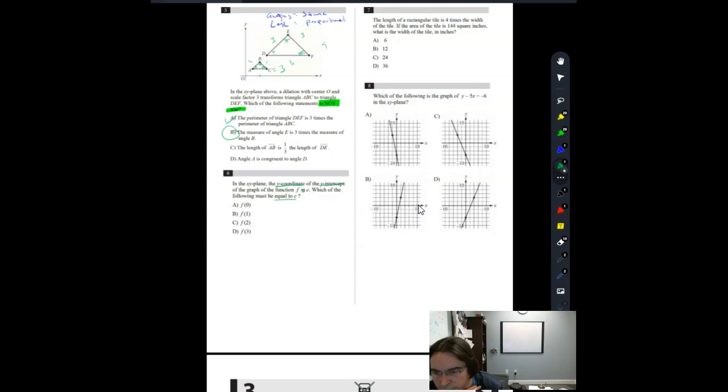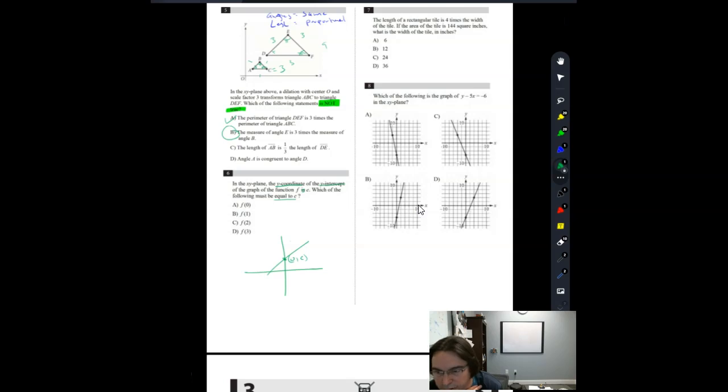For some reason, I'm not processing this one as quickly. Which of the following must be equal to the y-intercept of a function? So if we have the y-intercept of a function, we know that it is (0, c), right?